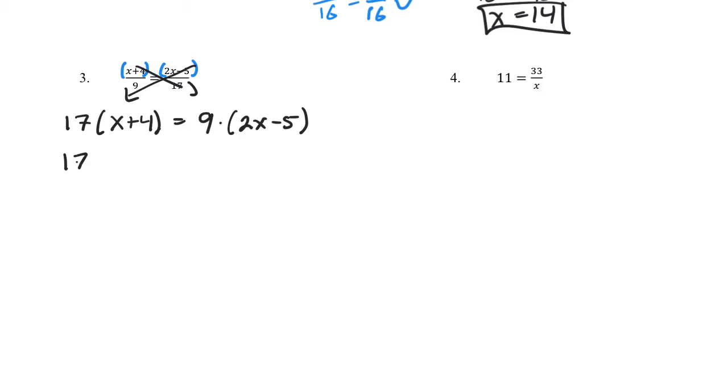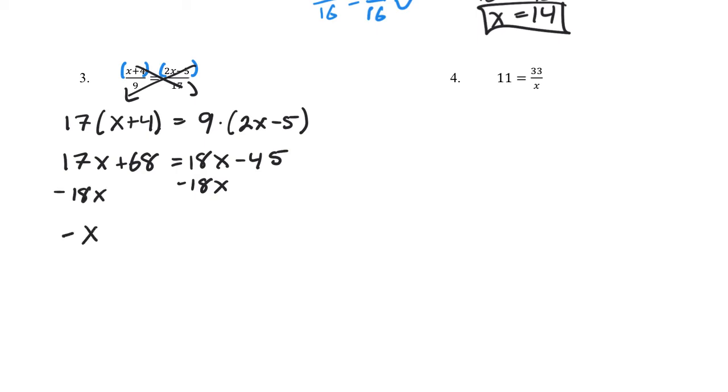So we're going to have 17x plus 68 equals 18x minus 45. I'm just going to go ahead and move my variables to the left-hand side because that's sort of where we want them when we end this problem anyway. So I'm going to subtract 18x from both sides.